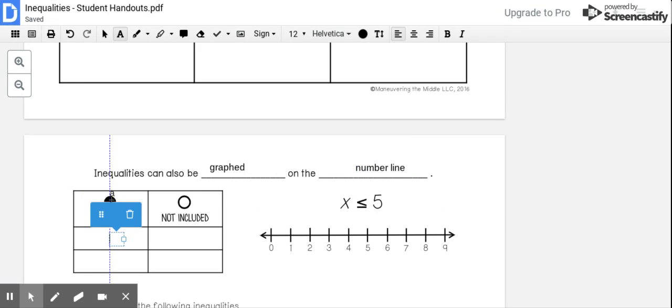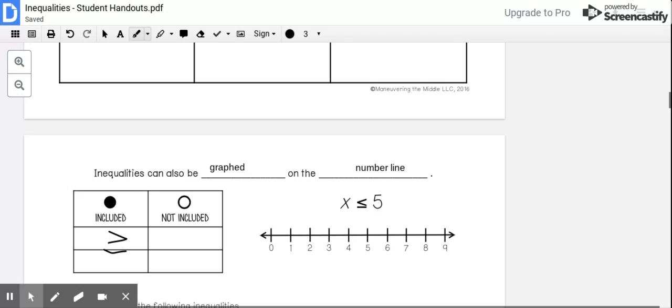So when you have the dot that's colored in and included, that would be when you have your, I'm going to go ahead and draw this, that would be when you have your line underneath, greater than or equal to, or less than or equal to. The ones that are not included aren't going to have the lines underneath.